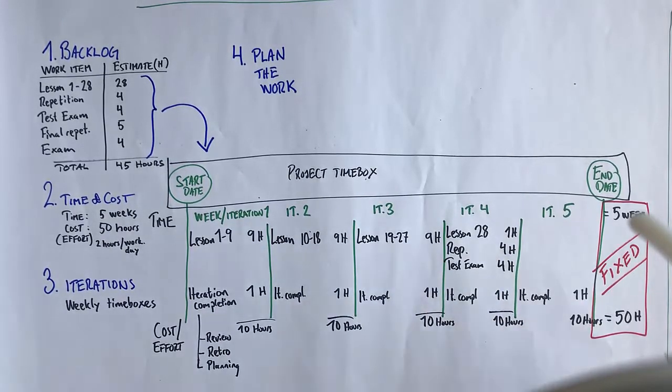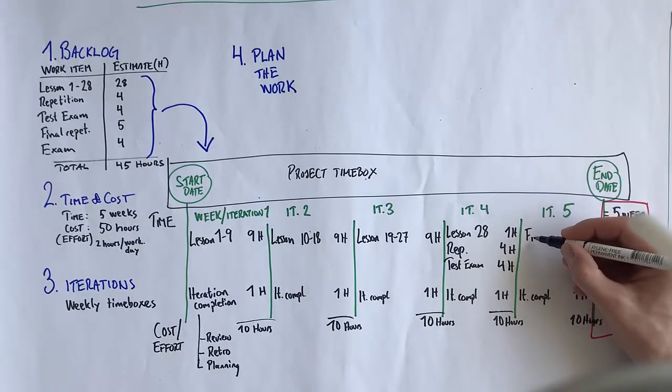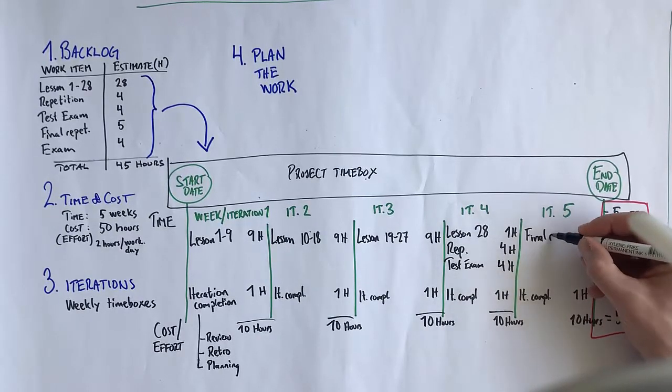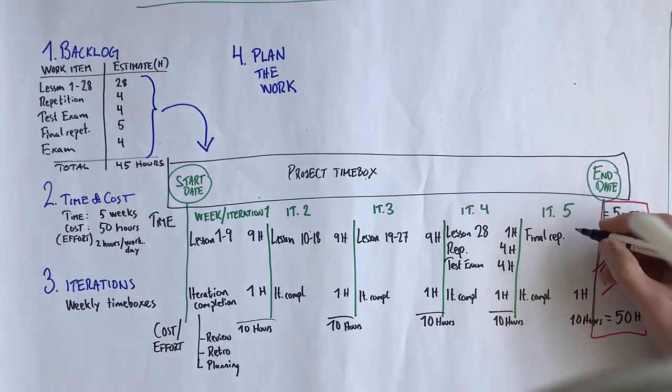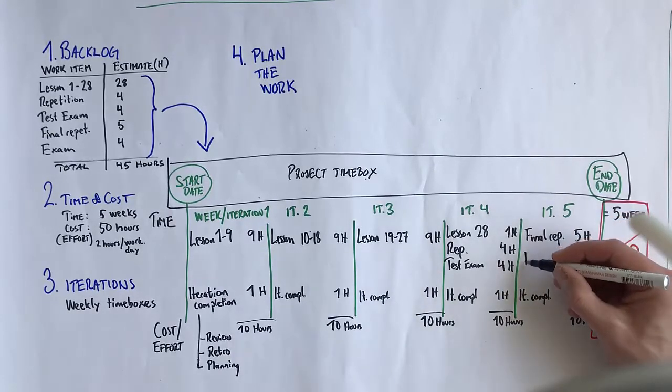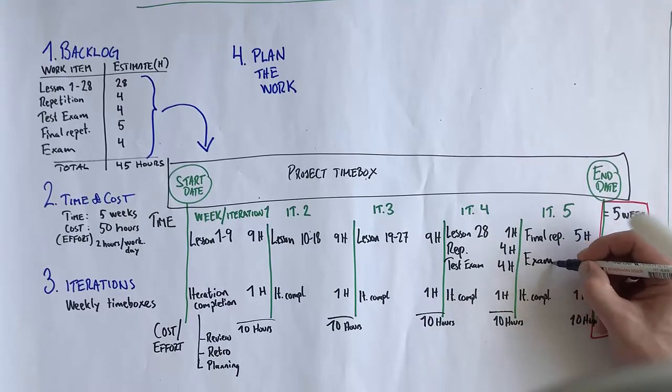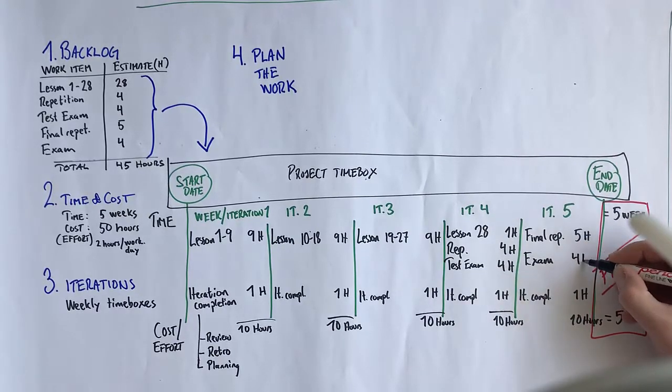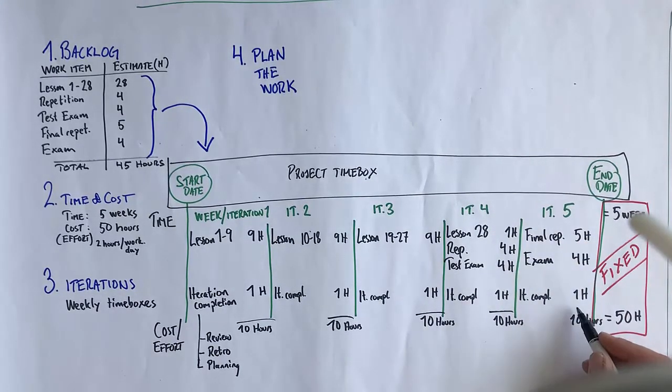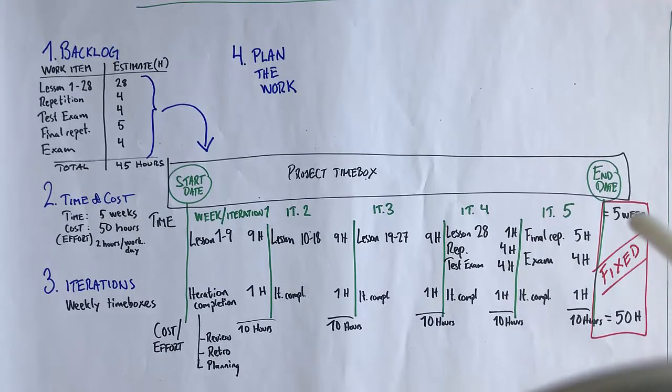It's not very likely you're going to hit the exact estimate here. So what you do is you get some empirical data, like how long do I actually take to do this, and then you adjust the estimates going forward. And then you will know if you have room to do, for instance, more repetition or more runs with test exams, or if you're going to have to prioritize.